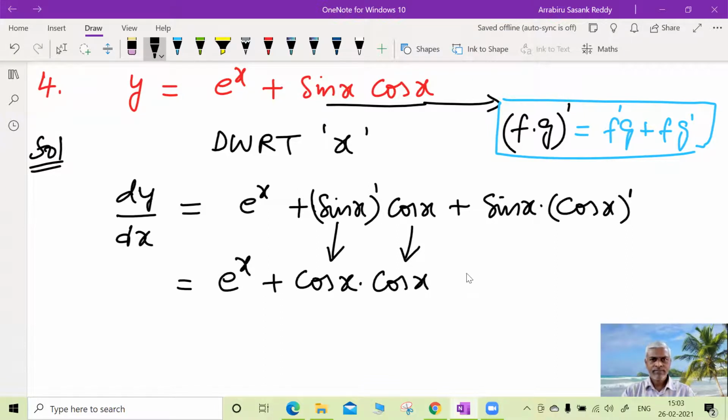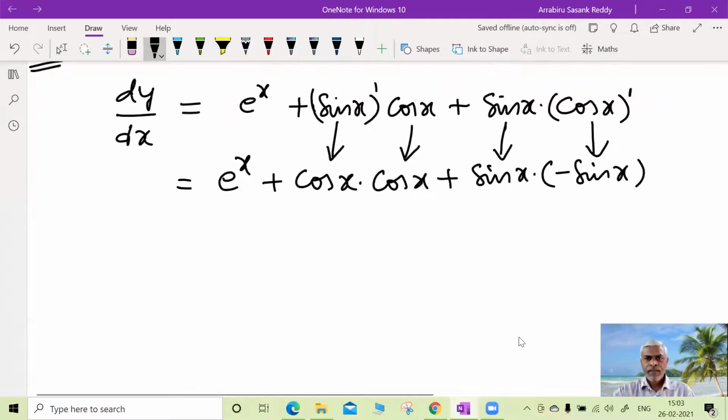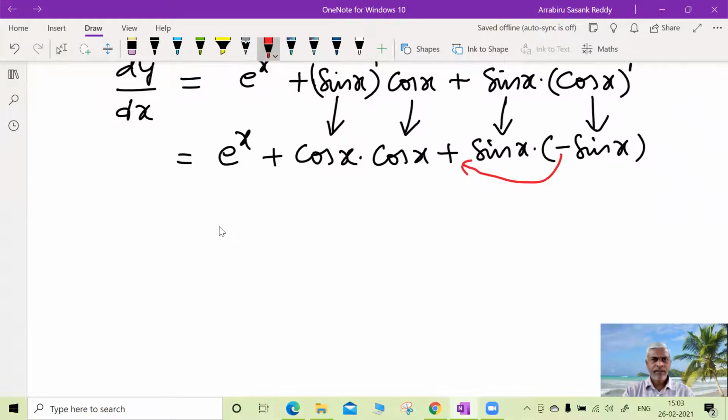So this is sin x as it is, and cos x differentiation is minus sin x. And this minus sign comes in between.